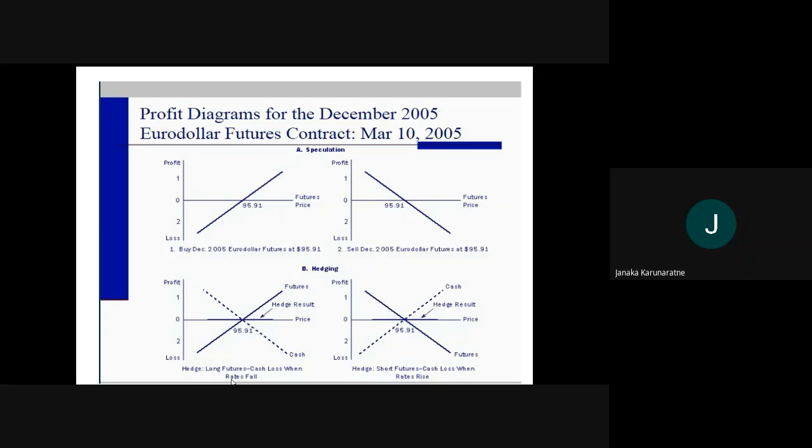You lose. Interest rate drops, you gain. So when you combine the two, your futures gain is offset by cash loss, or futures loss will be offset by cash gain. So your hedge position, in this graph, is a perfect hedge. Okay, so alternatively, let's talk about selling a futures contract.